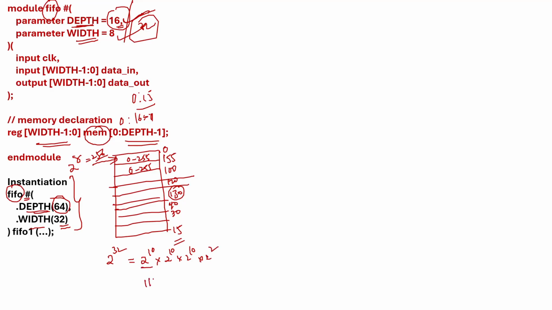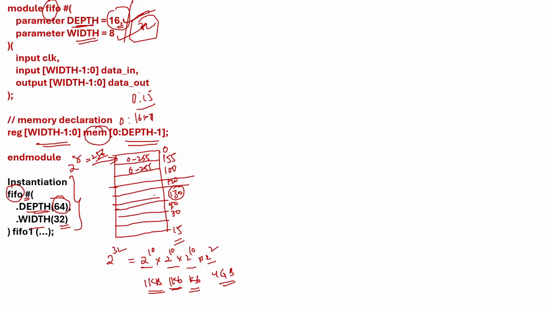So 2 power 10 means 1 KB, 1 KB, 1 KB, so 1 MB, 1 GB. 2 power 2 means 4, right? So 4 GB of data it is capable of storing in each location.